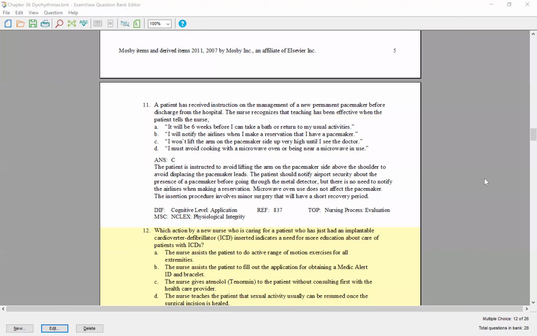How about an ICD question? Let's try Allison. Number 12. Would it be A?